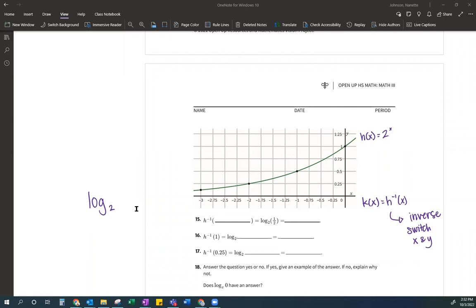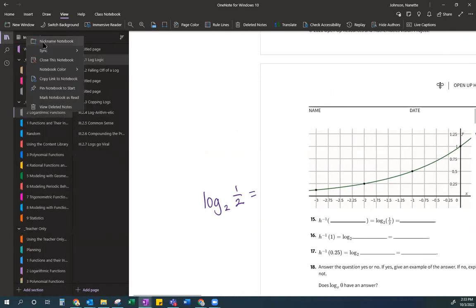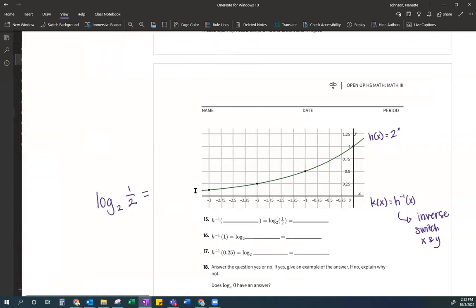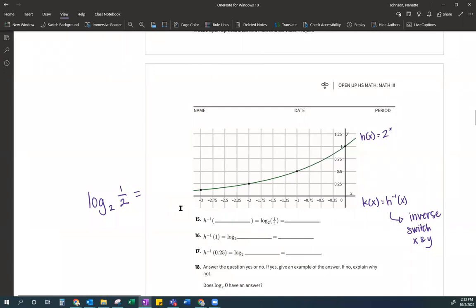So the very first thing is, because you all are still getting used to talking in logs, my suggestion is that you rewrite it using exponentials. So I take the base 2, then I take this answer here, which I don't know what it is, so I'm going to put a little box, and then I say is equal to 1/2.